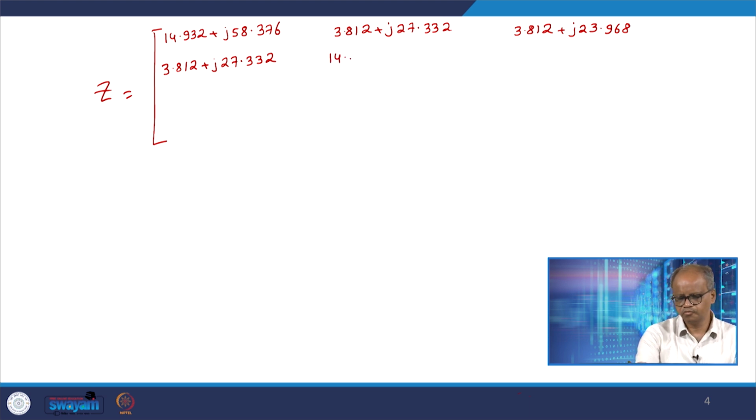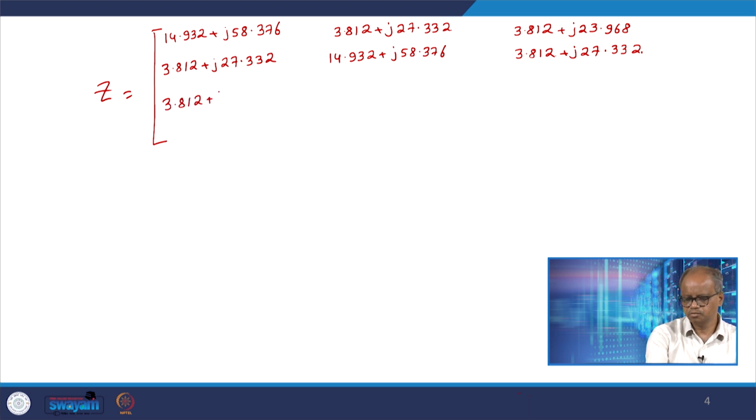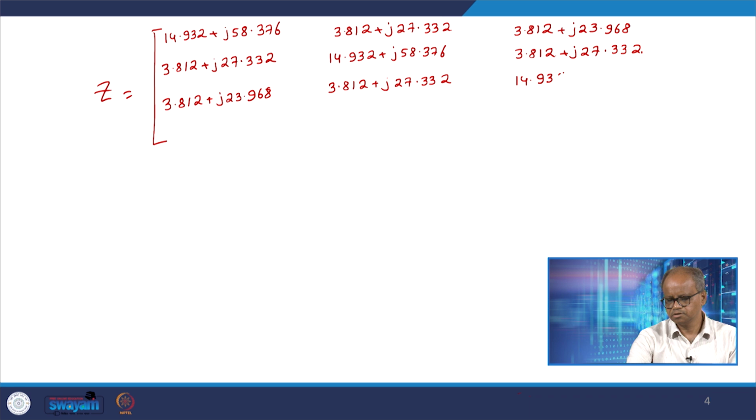So then ZBB also 14.932 plus J 58.376, and ZCA, ZBC is given by 3.812 plus J 27.332, and this would be 3.812 plus J 23.968, because it is symmetric, and because it is symmetric, so 3.812 plus J 27.332, and the last one is 14.932 plus J 58.376. So, this is total ohm.